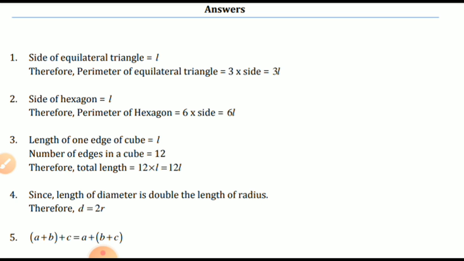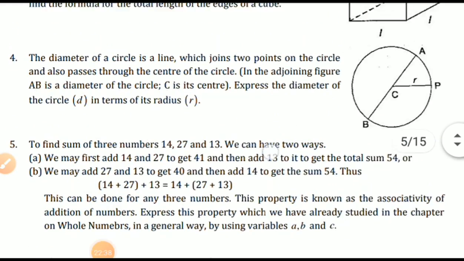Question number 3. The length of one edge of a cube is equal to L. How many edges are there? You counted. There are 12 edges in a cube. You don't know how many are there? Okay, let's check it. How does it become 12? Let's count.